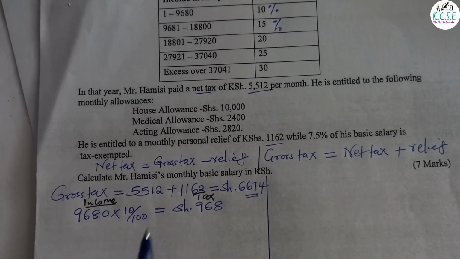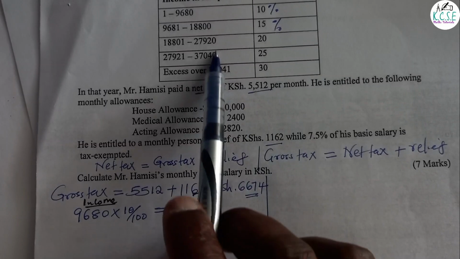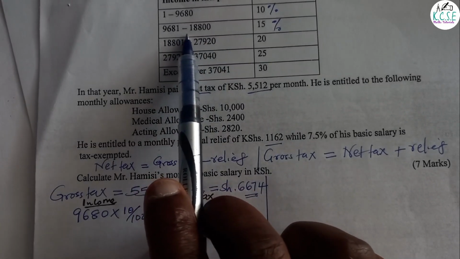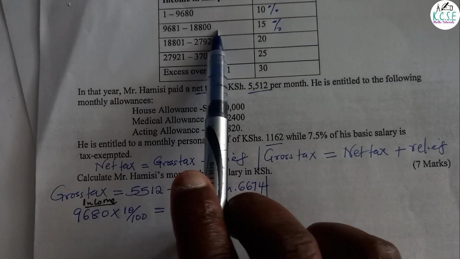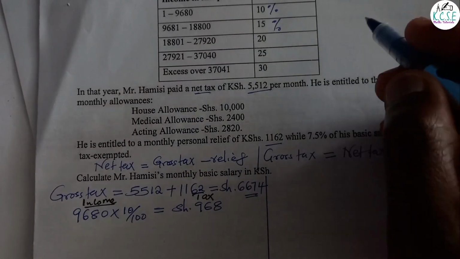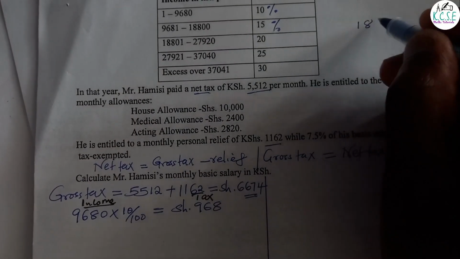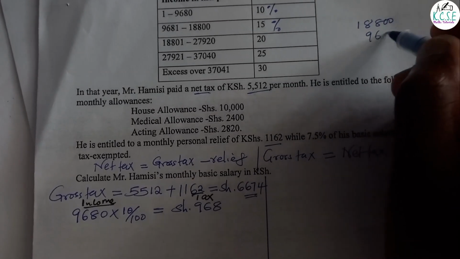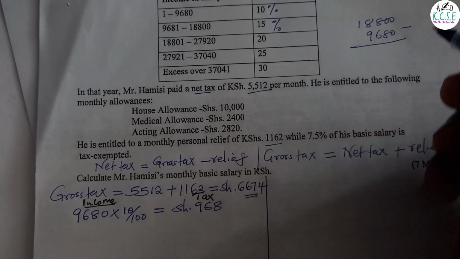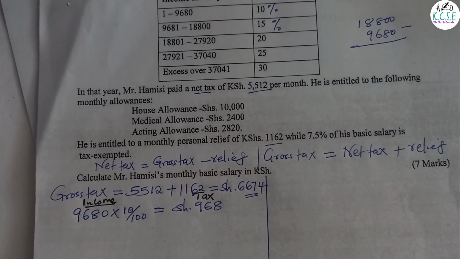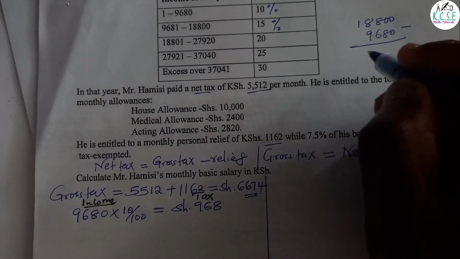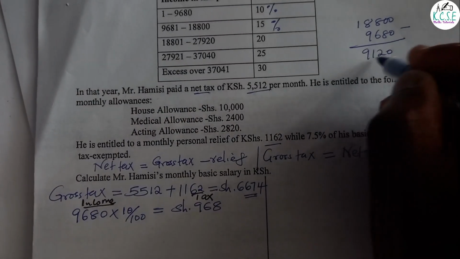So the second slab, the size of that slab, look at it here, from 9681 to 18800. This is how we get the size. You just take 18800, then subtract 9680. Don't subtract 9681, subtract 9680. That is how you get the size of that slab, and this will give 9120.